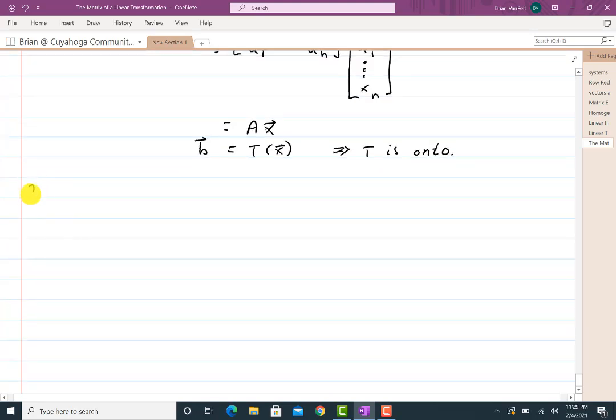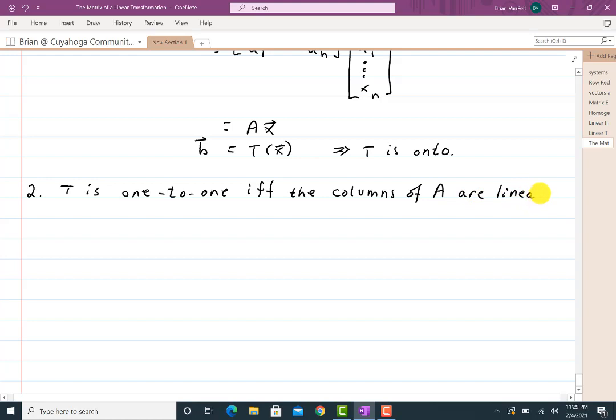So we took care of the first part of the theorem. The second part of the theorem said T is 1 to 1 if and only if the columns of A are linearly independent. So for this proof, first we'll assume this direction. Assume T is 1 to 1.